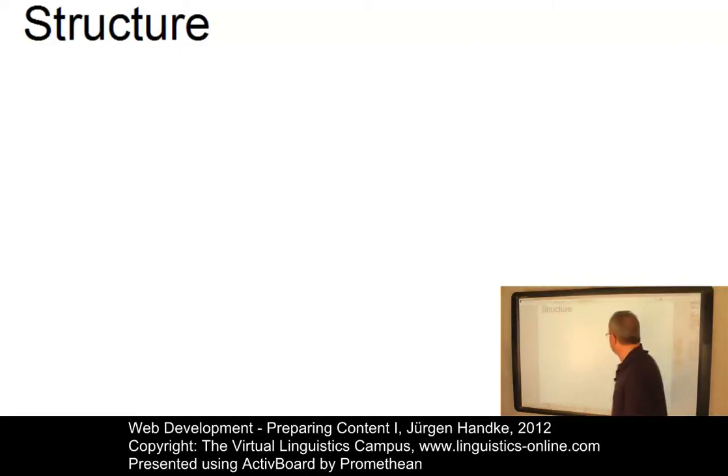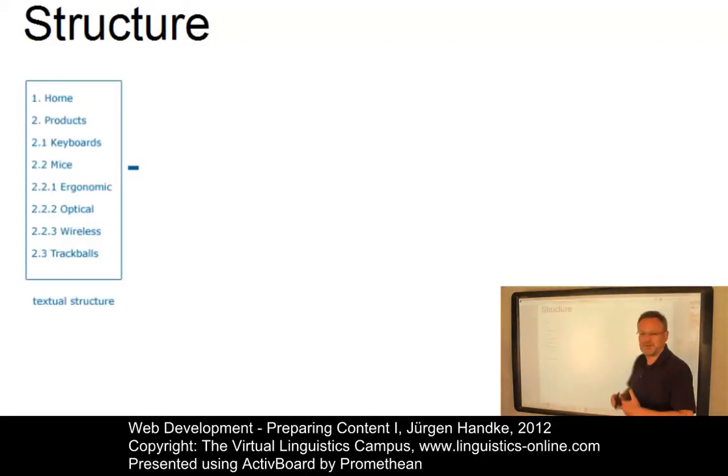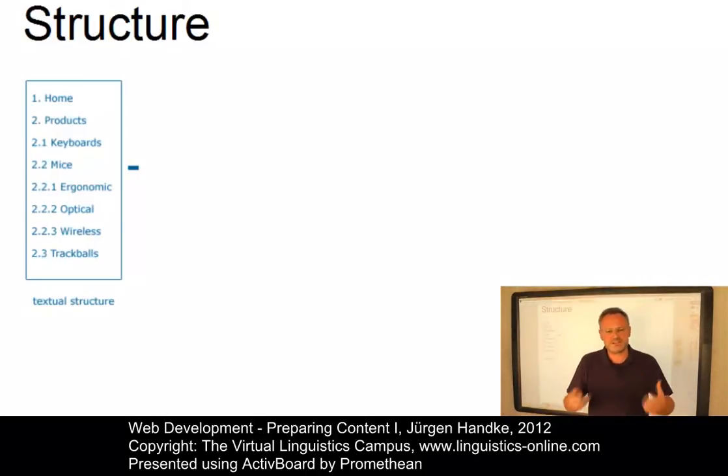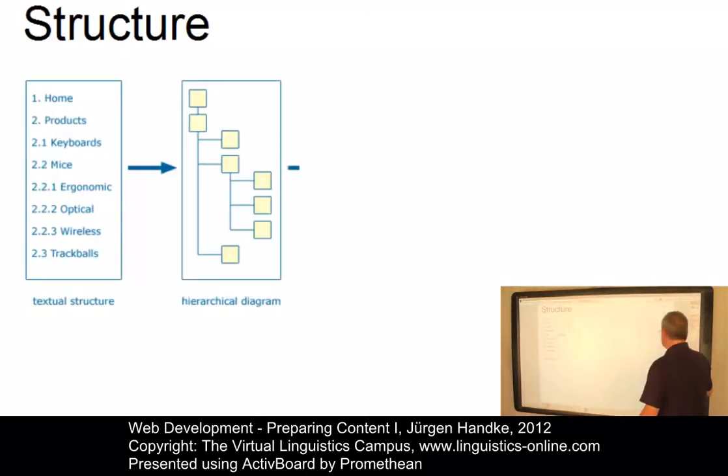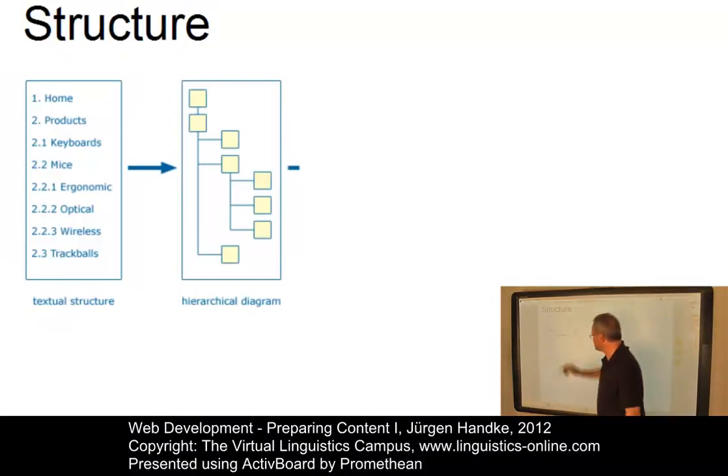For example, from a plain textual structure, we can easily create a hierarchical diagram. So this plain textual structure is something which you can derive straightforwardly from your, let's say, scientific publication.